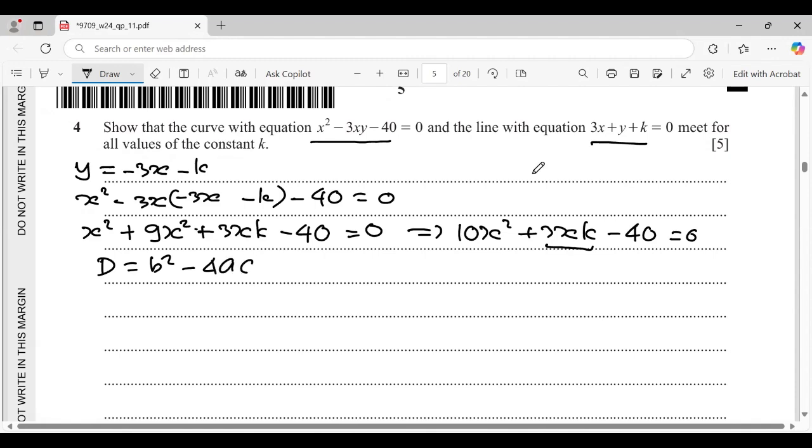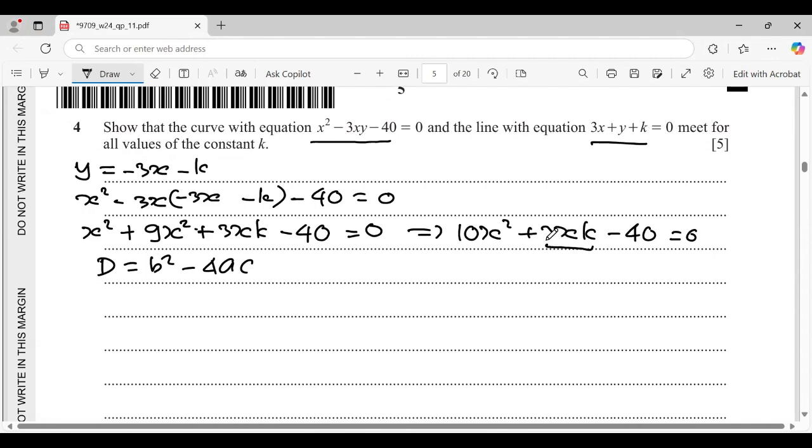For real solutions of a quadratic equation, the value of the discriminant must be positive or 0.